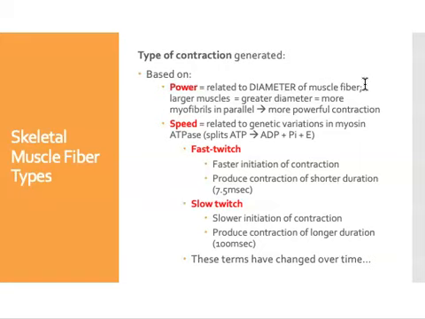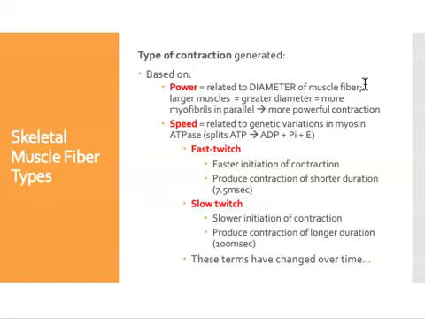In some people, their myosin can do that splitting faster than in other people. So, using power and speed, we can describe two types of muscle contraction. We can talk about fast twitch and slow twitch.